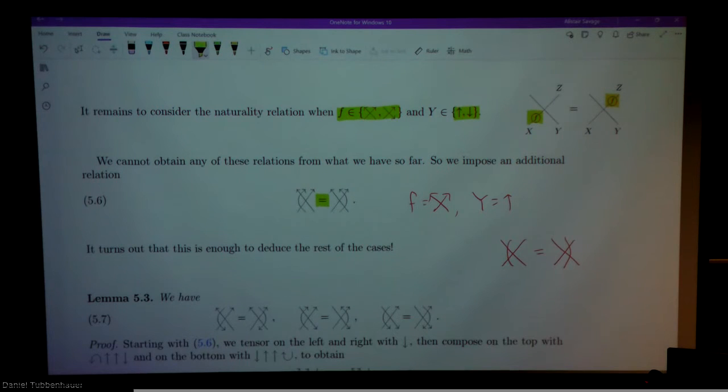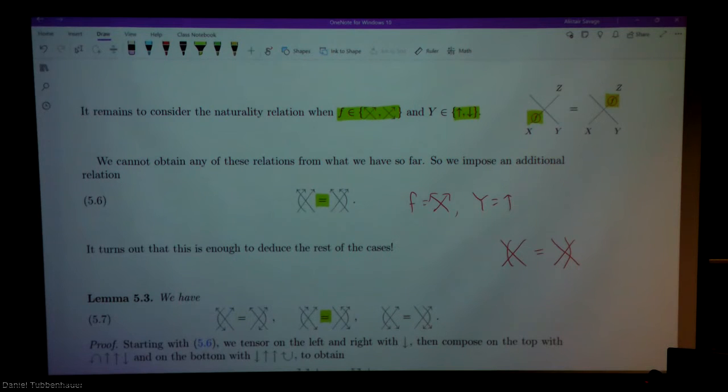So what we need in addition to the one we just imposed is these 3. The first one is the right crossing sliding through an upward strand. This one is the upward crossing sliding through a downward strand. And this is the rightward crossing sliding through a downward strand. So those are the 3 versions of the braid relation that we really need to prove.